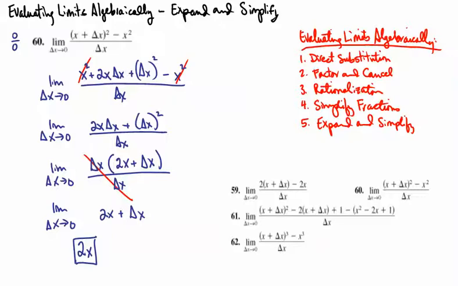You just have to do them very carefully, watching out for your signs, etc. Alright, so that's going to do it for this problem, but I think you can get the basic idea and go ahead to work on the other ones in this set.